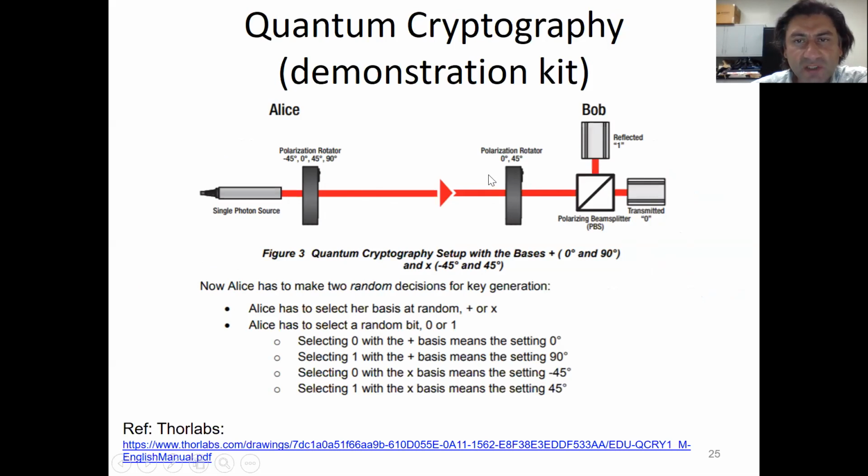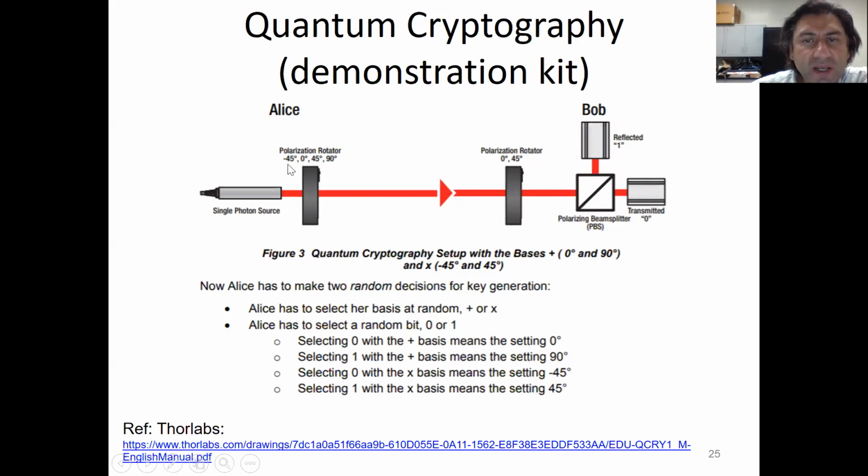We just simply add them. 0 plus 0 is 0, and gives you 0 transmits. Now if I use 90 from Alice and 0 in Bob, then 90 plus 0 is 90, which reflects, and gives you 1. So that becomes digital 1.